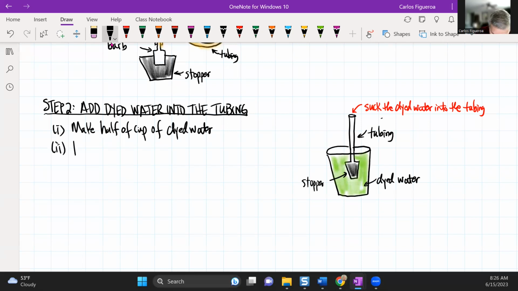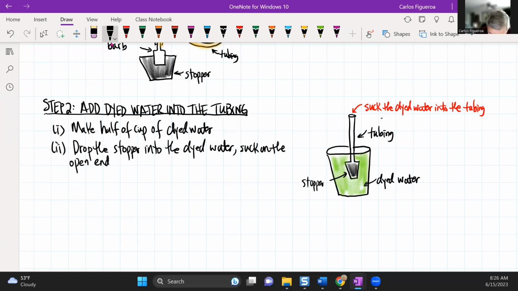Then you want to drop the stopper into the dyed water. Then you're going to suck on the open end to draw in water.